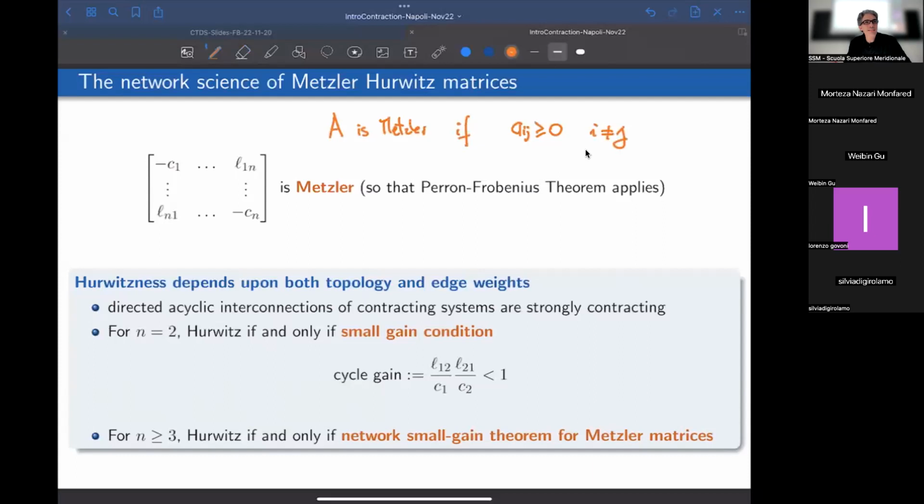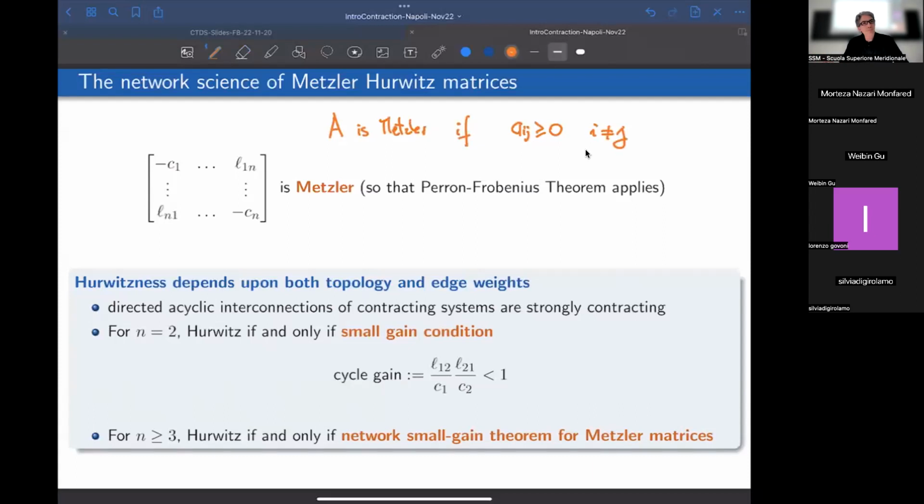However, the off-diagonal entries are non-negative. People also call Metzler matrices quasi-non-negative. I actually like quasi-non-negative because the quasi stands to mean except for the main diagonal. But still, it is definitely less common than the word Metzler.